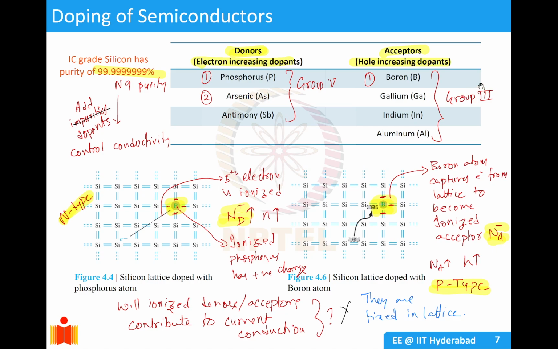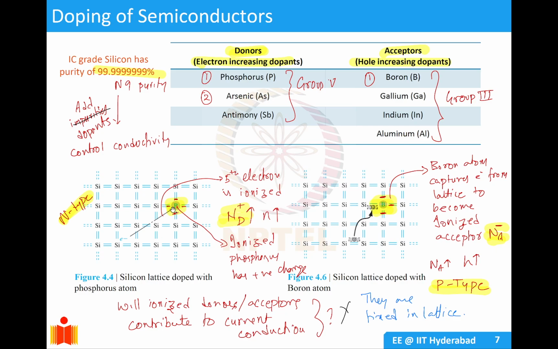Similarly, group 3 elements are called acceptors: boron, gallium, indium, aluminium, and we use boron as our dopant, because all the rest of them are metals. If we dope with metals, that causes some additional issues. So we prefer boron here, and phosphorus and arsenic for donor doping.